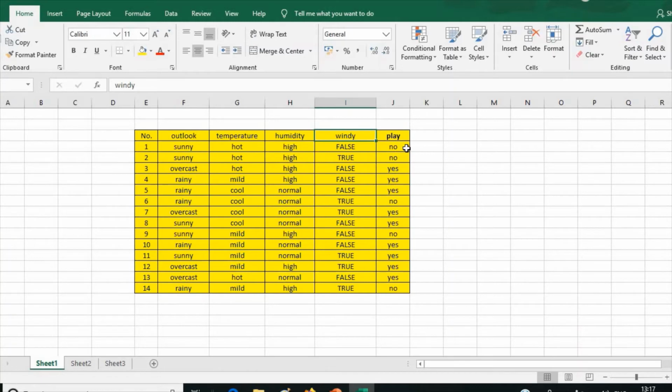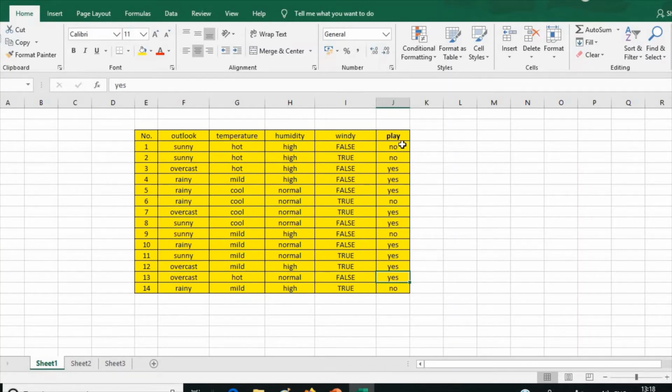There are two categories, yes and no. What is the probability of yes here? We can see 1, 2, 3, 4, 5, 6, 7, 8, 9. So a total of 9 occurrences of yes out of a total of 14 occurrences. So the probability of yes is 9 divided by 14.